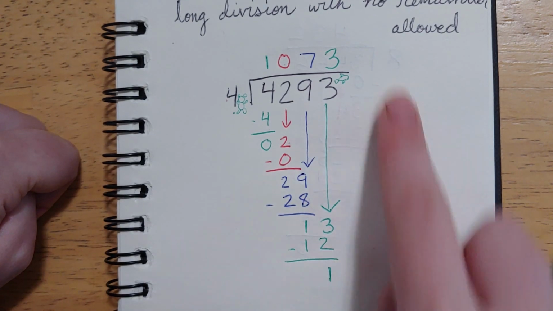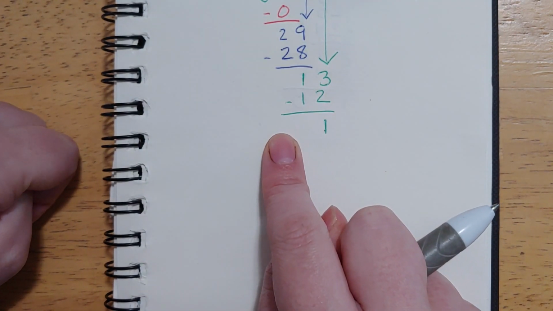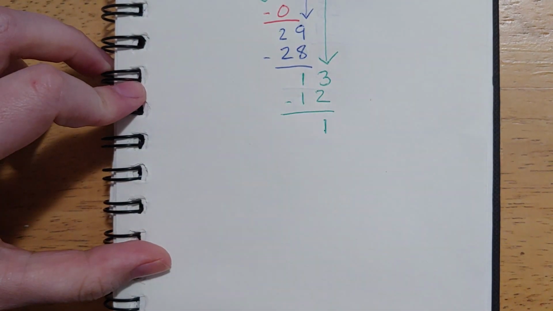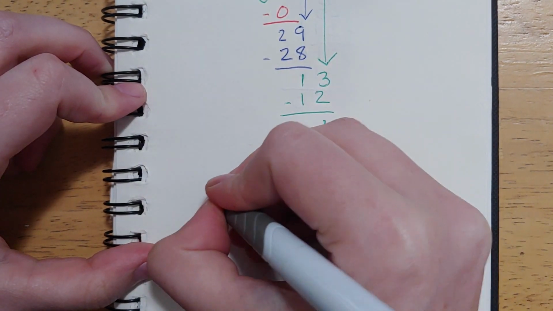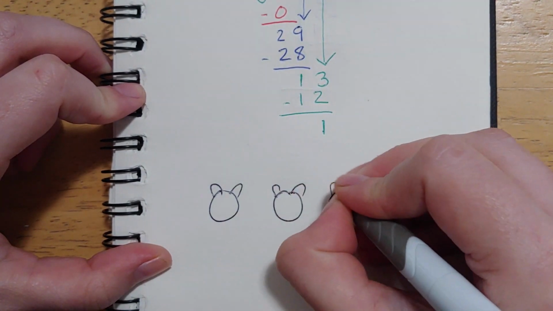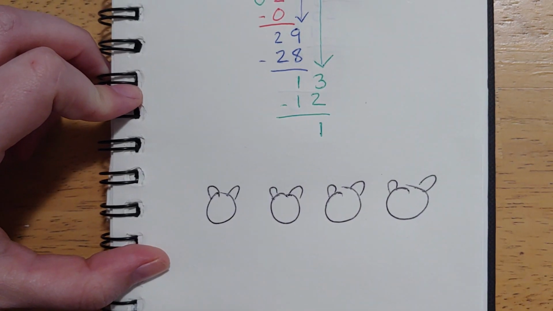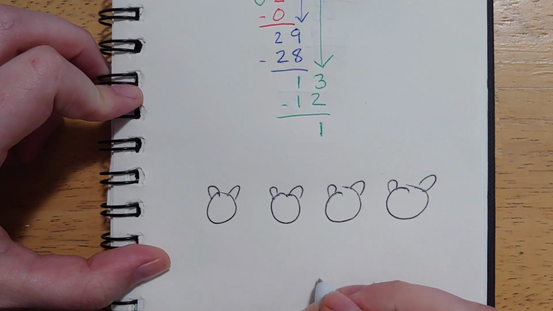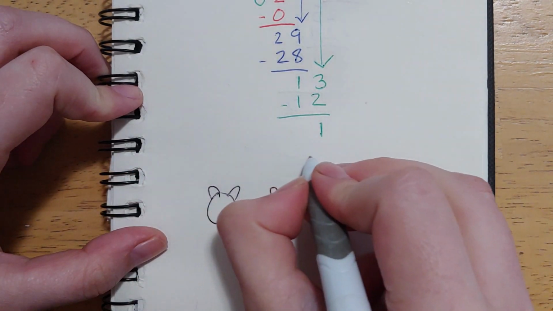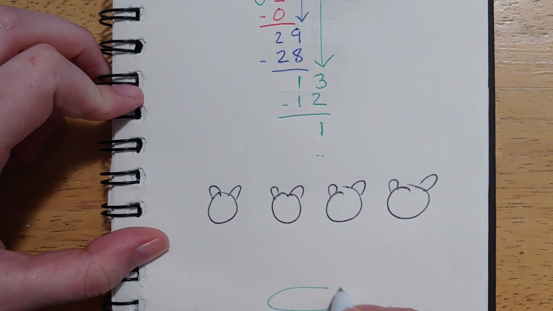So let's pause. We're going to pause this part of the math and we're just going to use our brains and some doodles to think about it. If we have 4 bears, let's get ourselves 4 little bears. 1 bear, 2 bears, 3 bears, 4 bears. And we have 1 fish. I'm just going to make it a blob fish this time. Put it right here. Oh no, we're going to run out of room. I'll put it down here.